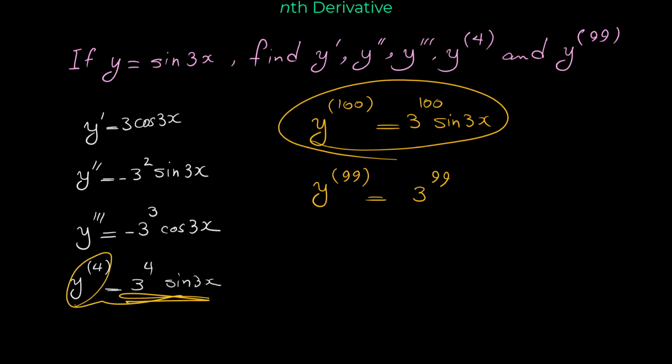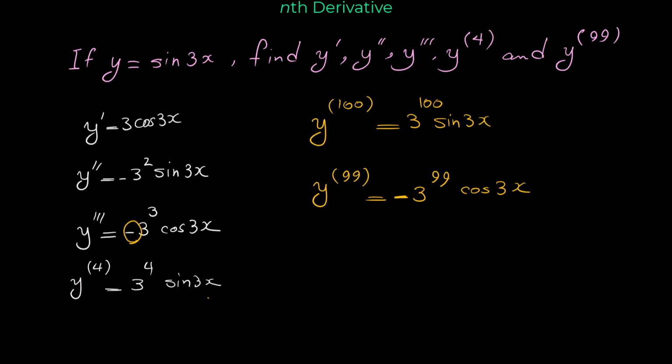But look at here, in the fourth derivative, we have sine. One step before, we have cosine. But not only cosine, we have a negative also. So put the negative here. Now we know what is the 99th derivative of that function.